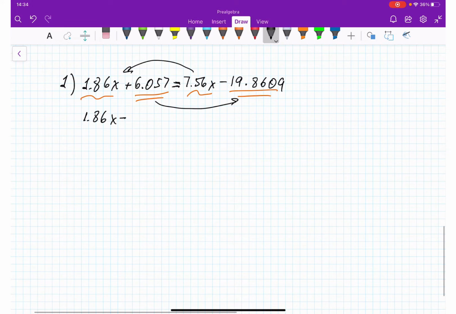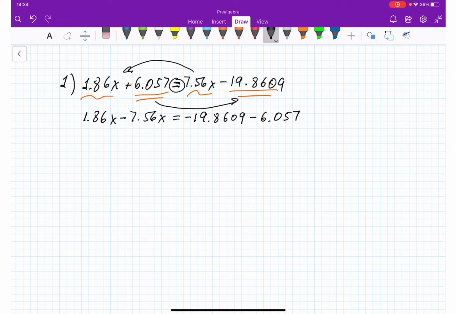1.86x minus 7.56x, right? Because I moved over the equal sign. Equals negative 19.8609 minus 6.057. Okay, so what do we have? 1.86 minus 7.56.